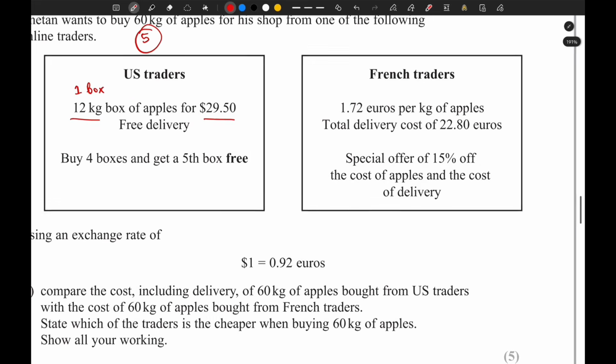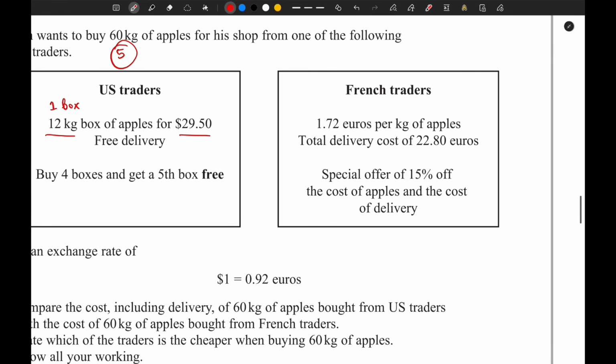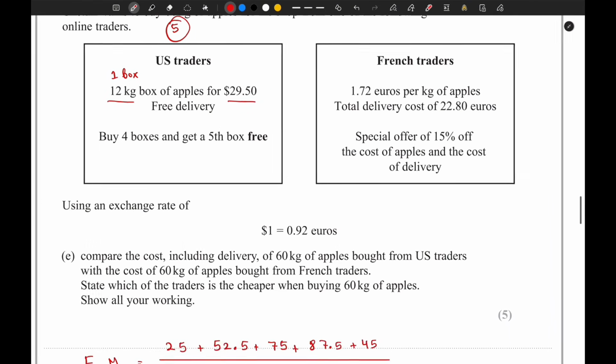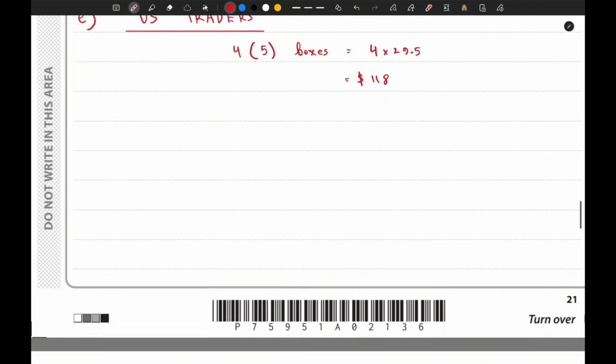Now for the French trader, the cost per kilogram of apples is 1.72 euros.